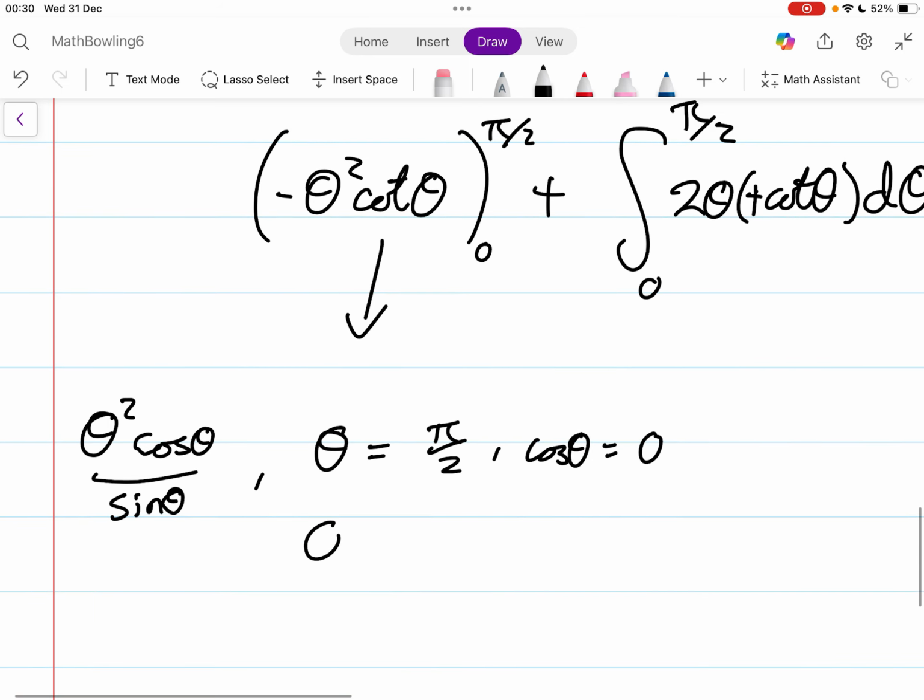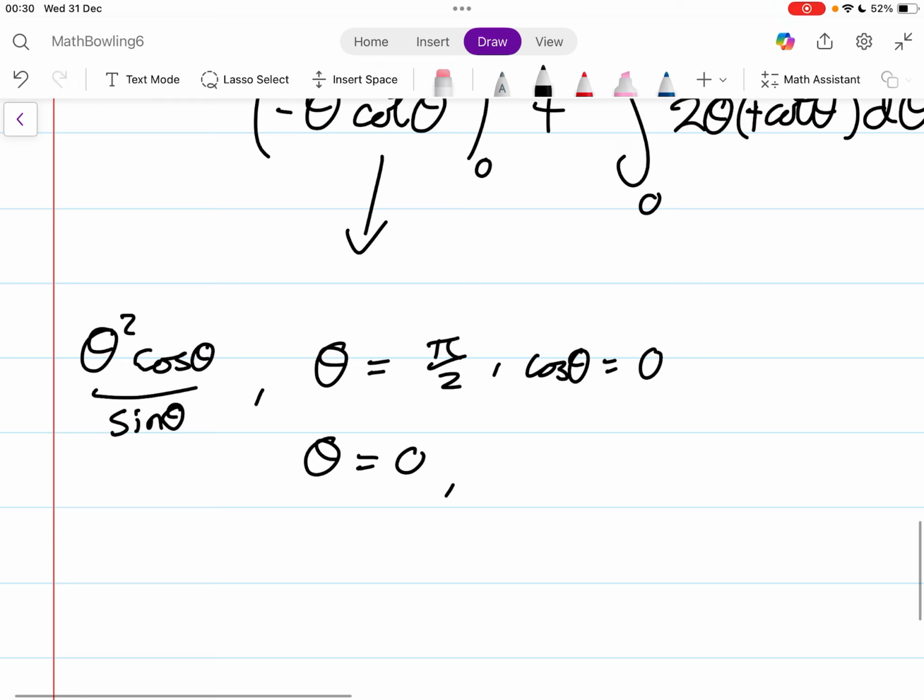And when theta equals 0, this might look like we've got an asymptote because sine of 0 is 0, but actually we're left with essentially the limit as theta approaches 0 of theta squared cos theta over sine theta.